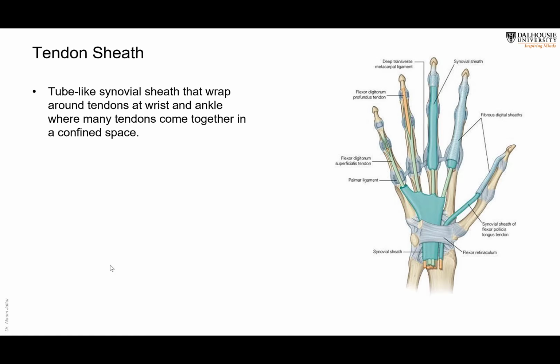Some of these bursae are elongated and they form like tubes and they surround tendons. Like, for example, here, the long tendons of the flexor muscles of the hand. Remember last time I mentioned that we have long tendons passing through a carpal tunnel.